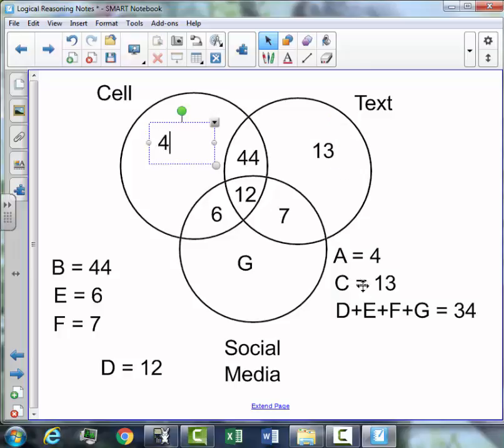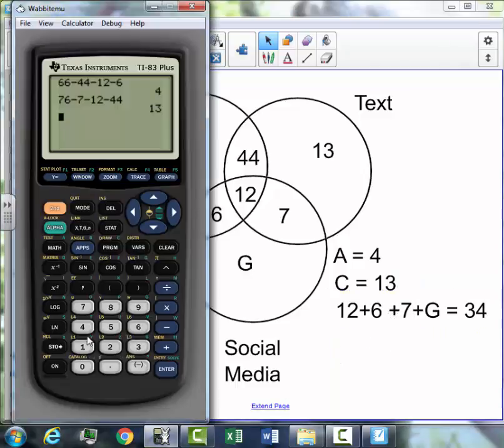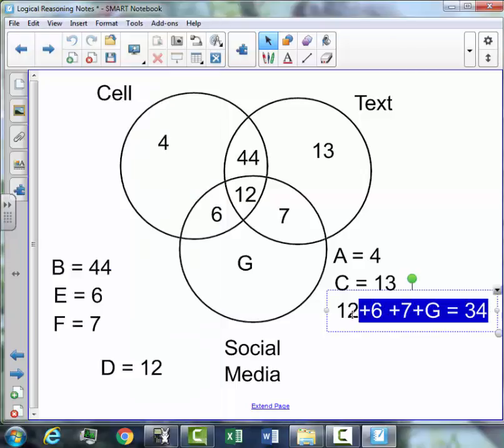A is supposed to be 4. And then for the last one, D is 12, E is 6, F is 7. We don't know what G is. So then we would say 34 minus 12 minus 6 minus 7, G should be 9.